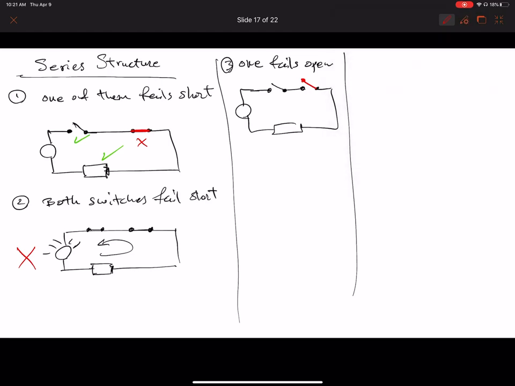So in that case, the system is not operational because it doesn't matter if this operational switch, switch number 2, is open or closed. You can't have the electricity go through the first switch. So the circuit will be always open. And if both fail open, it's even worse, right? Because now you have 2 points that are open.